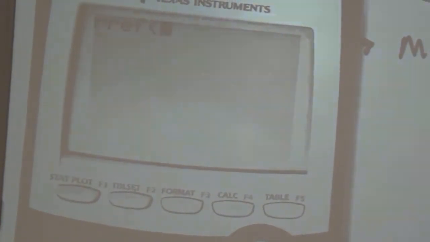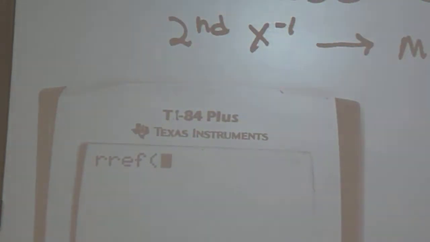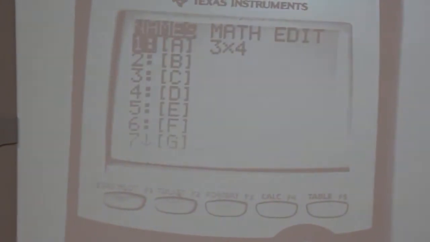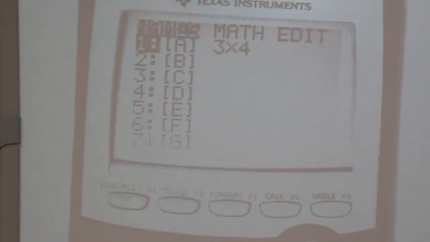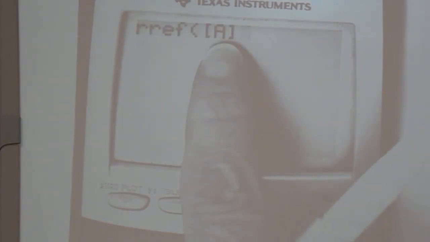All right, so everybody's got the RREF command up. Now we need our A matrix. So, once again, we have to go back to the second x to the negative 1 and grab this A matrix. Just hit enter, and you should see the A appear in the parentheses.